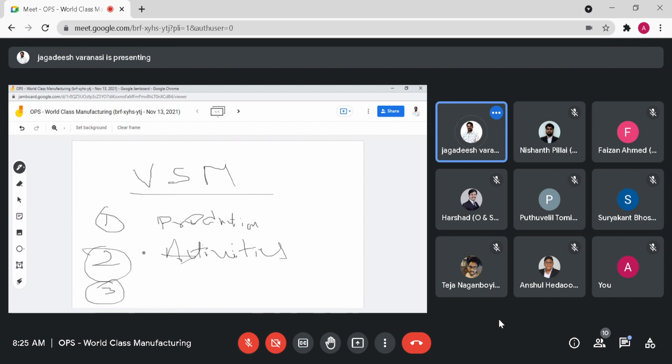Third is elements like supplier, production controller, production process, customer. Then fourth is information flow. Fifth one is financial flow.